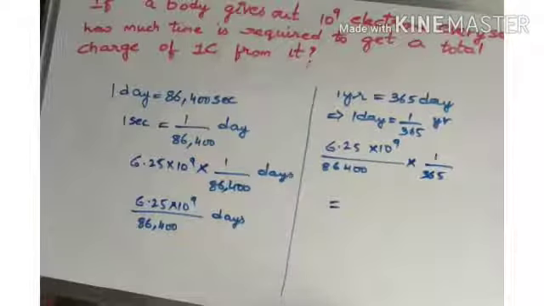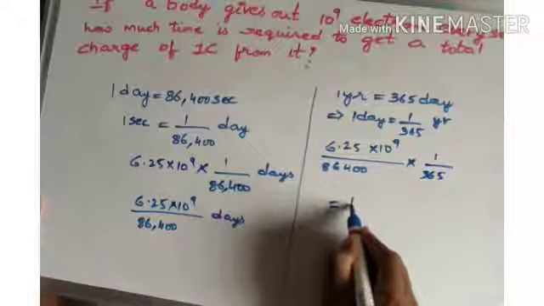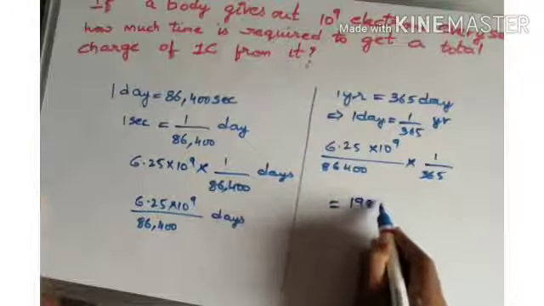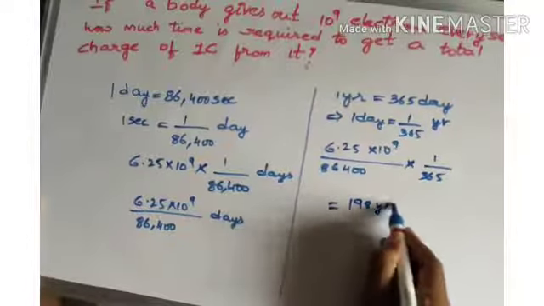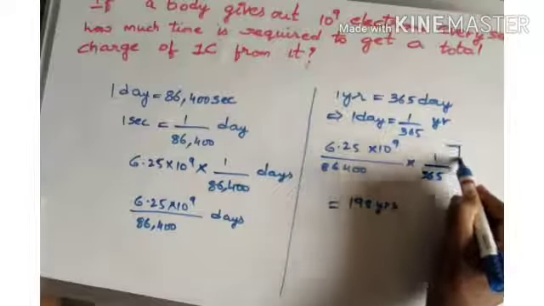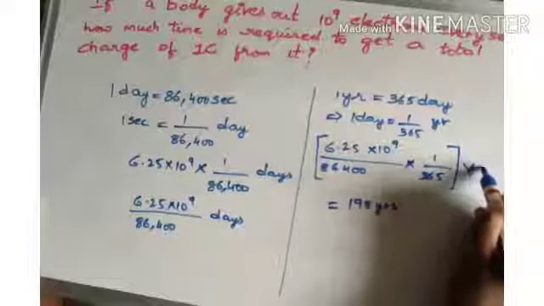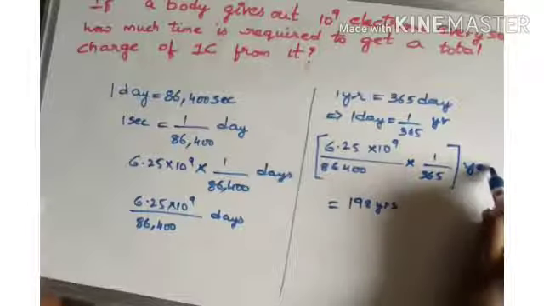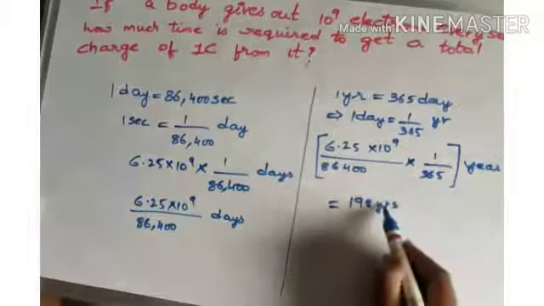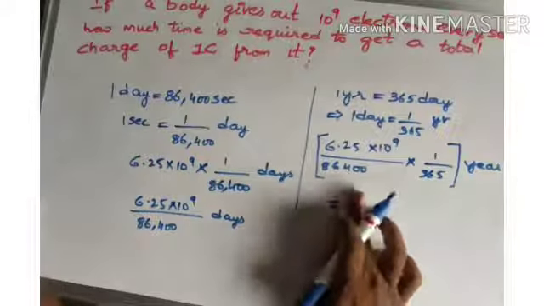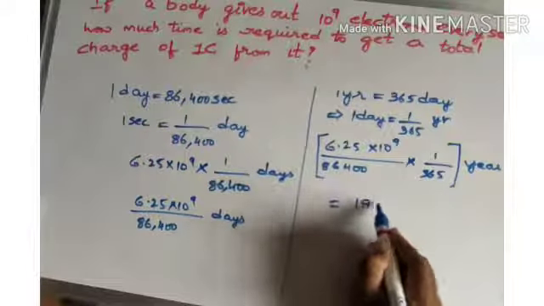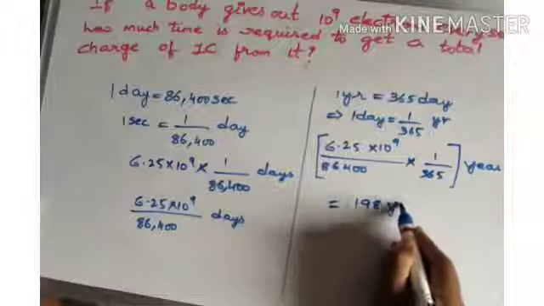Surprisingly, the answer comes out to be 198 years. Here the unit will be year, because we have converted into year.